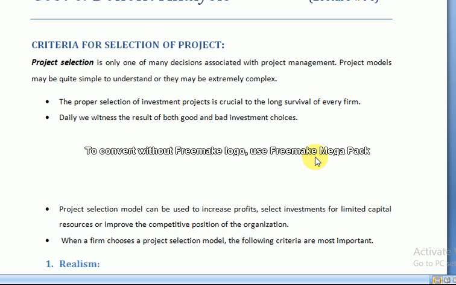So improvements to the key business metrics are also kept in mind by project managers at the time of the acceptance or the rejection of a project.